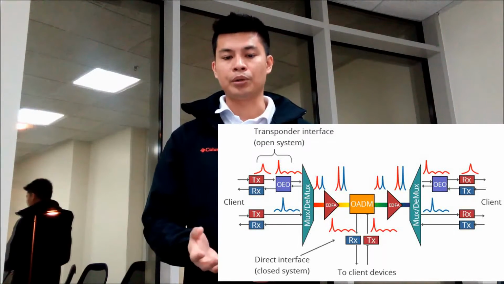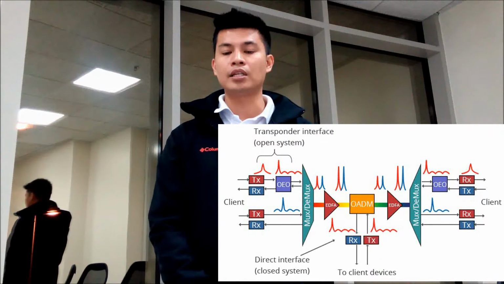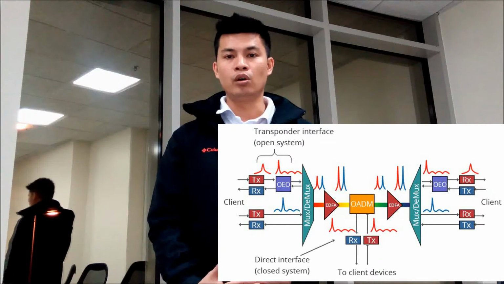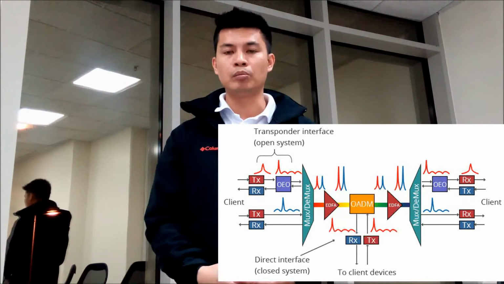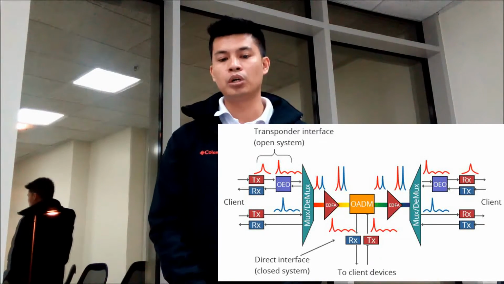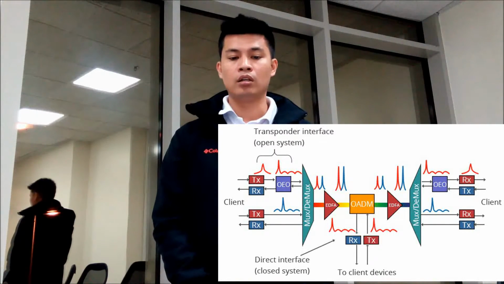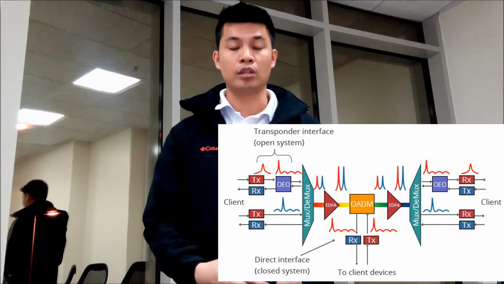A pulse amplifier or a booster amplifier boosts the strength of the optical signal as it leaves the multiplexer. An OADM or ODM is used at a remote location to drop and add a bit stream to a specific wavelength. Then additional optical amplifiers can be used along the fiber span as needed.